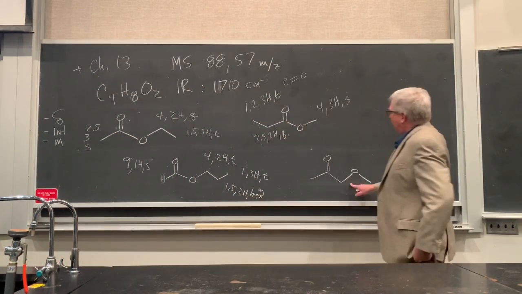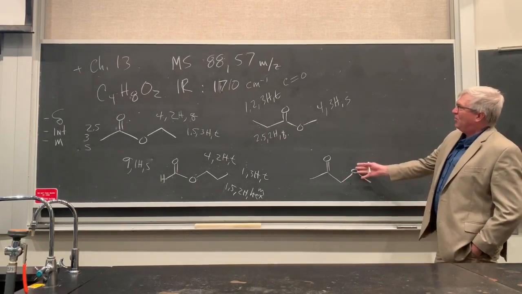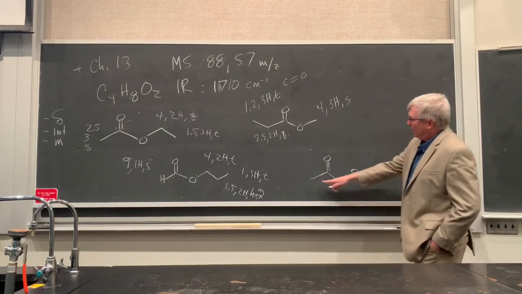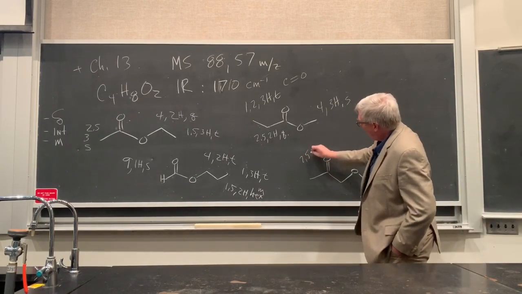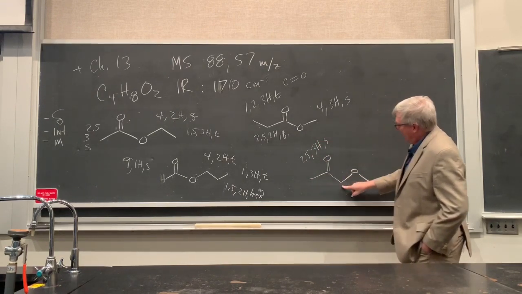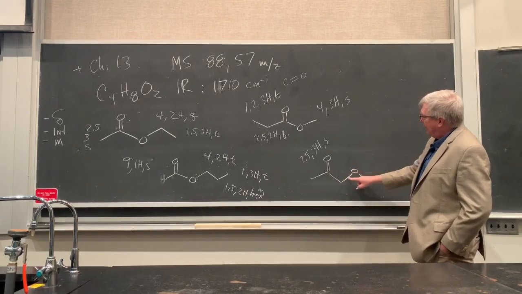Then this one here looks kind of funny. It's a ketone ether. It's not an ester, but it's also C4H8O2. And it's very distinct, I think. So this one, 2.5 or so, 3 hydrogens, and indeed a singlet. What about this one here? Well, it's alpha to the carbonyl and this oxygen here.